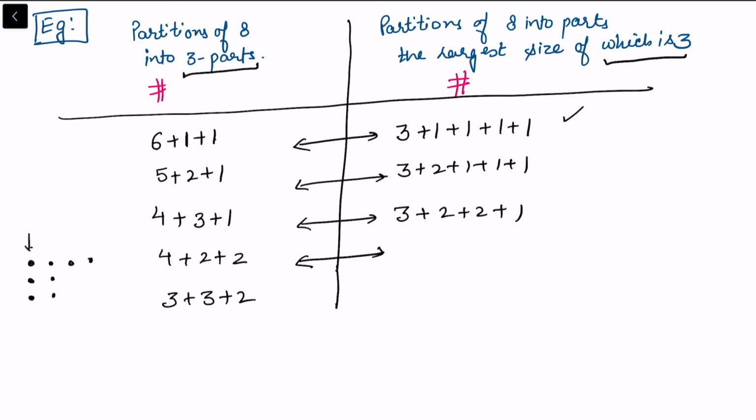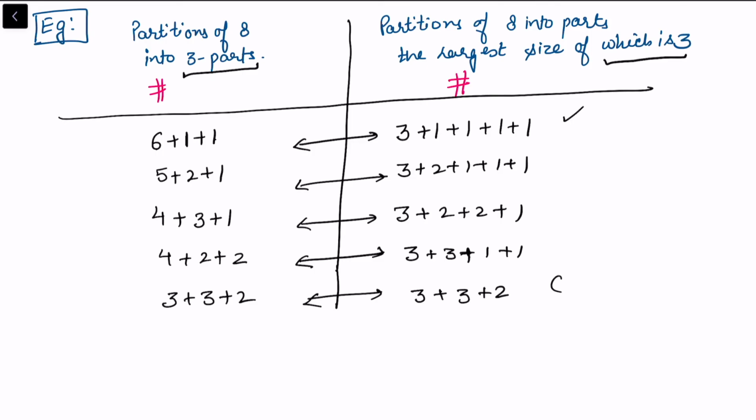Reading vertically, we have 3 dots in the first column, 3 dots in the second, and then 1 dot and 1 dot. So we get 3 plus 3 plus 1 plus 1. And for the last, 3 plus 3 plus 2, we get the partition 3 plus 3 plus 2.